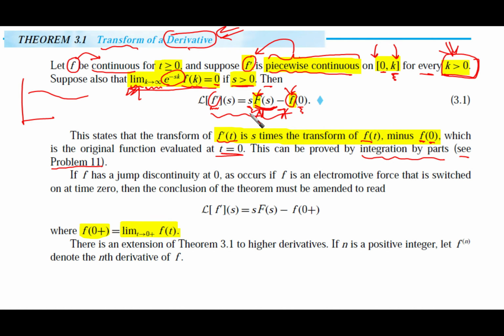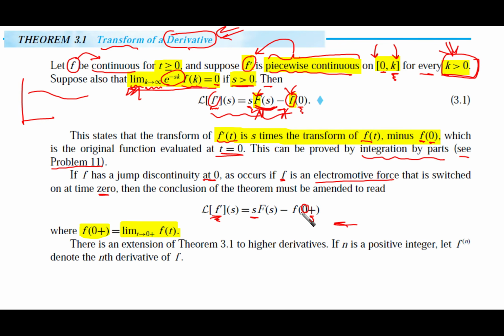Then if f has a jump discontinuity at 0, as occurs if f is an electromotive force, in case of electromotive force we're going to find this kind of functions commonly used, that is switched on at time 0, then the conclusion of the theorem must be amended to read that the Laplace transform of the derivative equals s times the Laplace transform of the function minus f, the function, at 0 from the right.